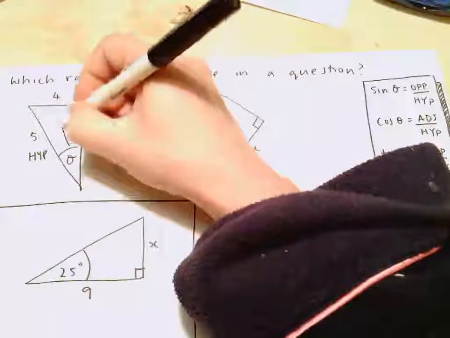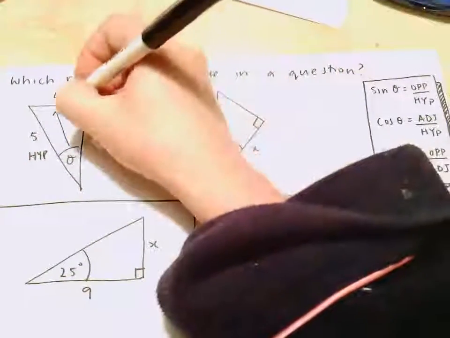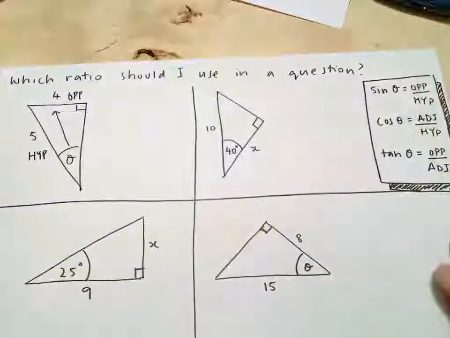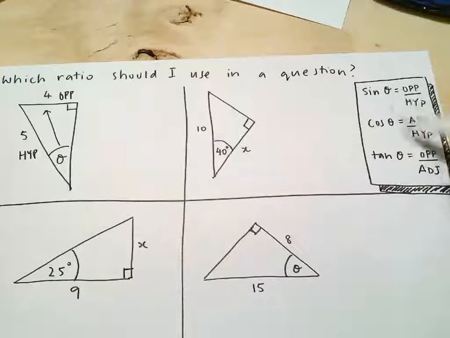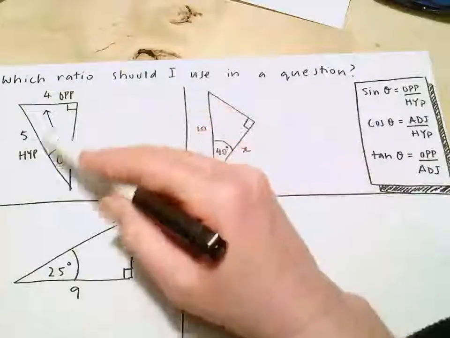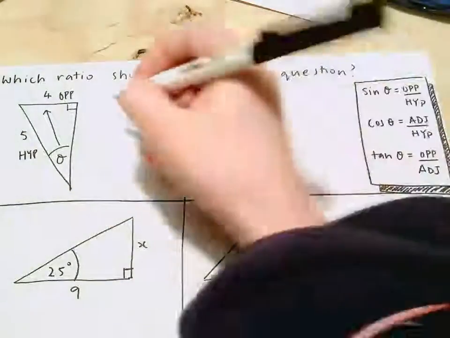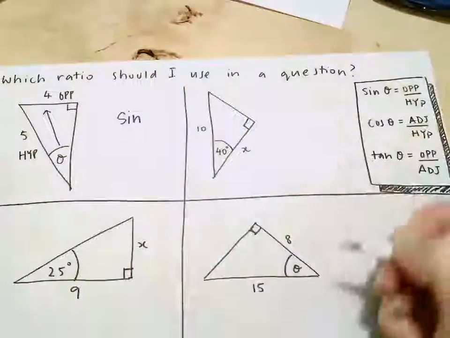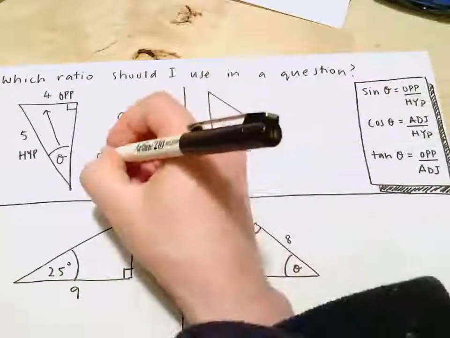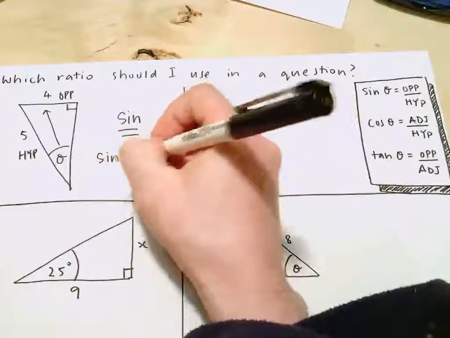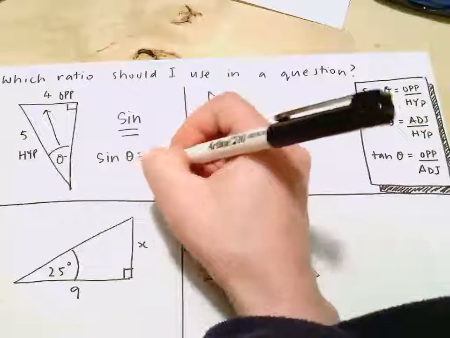The side that's got a length of 4, I can see that that's my opposite. So now I look over at my ratios and I say, which one of these ratios involves opposite and hypotenuse? And I can see that it is the sine ratio. So for this, I'm going to use the sine ratio. And of course, if I wrote it out, it would be sine theta equals opposite over hypotenuse.